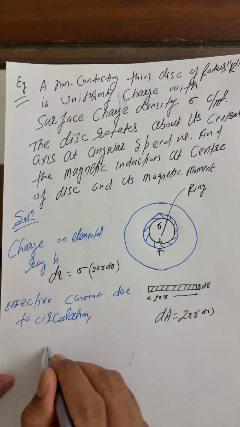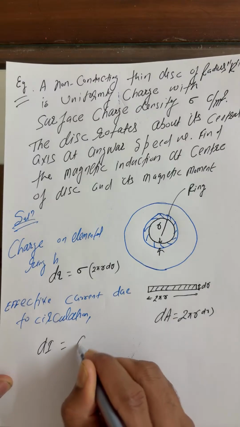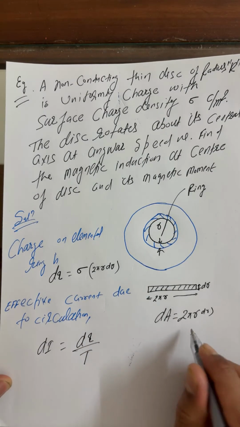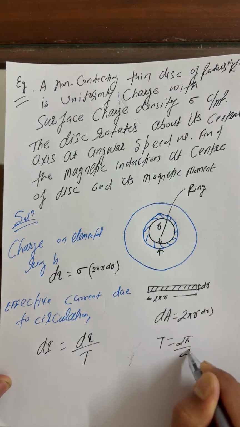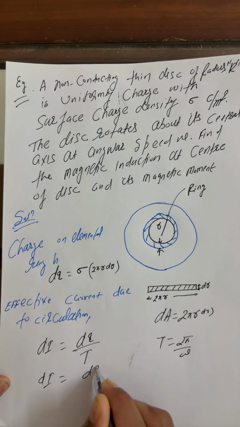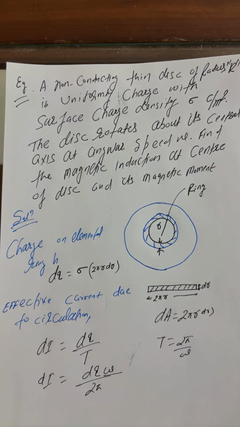So we can write di. di is dq by time period. And what is the time period? I hope all of you remember, it's 2 pi by omega. So di is dq upon 2 pi by omega, and dq we have already found.